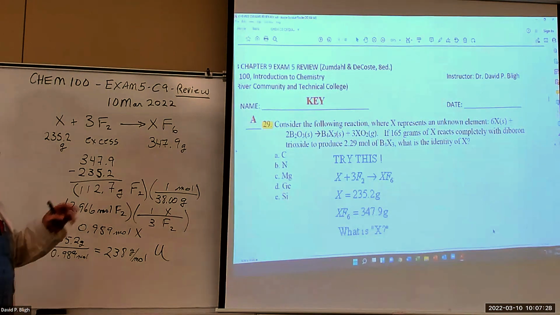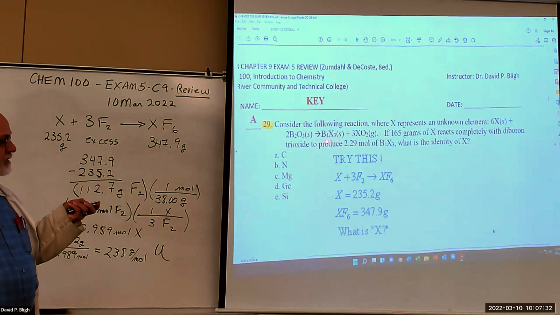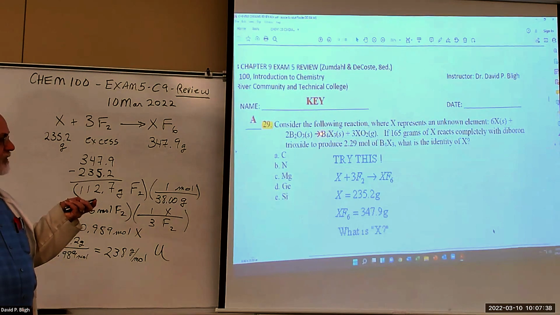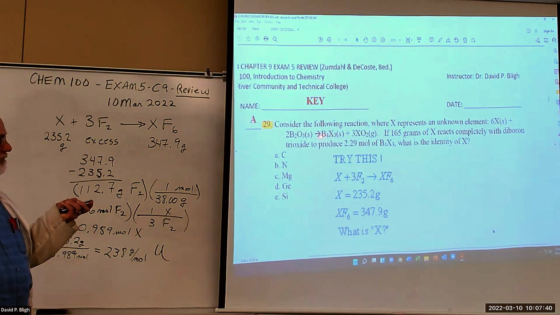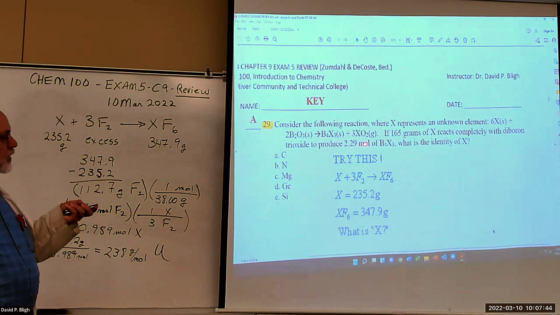So the twist on this one was we weren't given enough information to work backwards directly from, let's see, we were actually given moles of that thing right there.